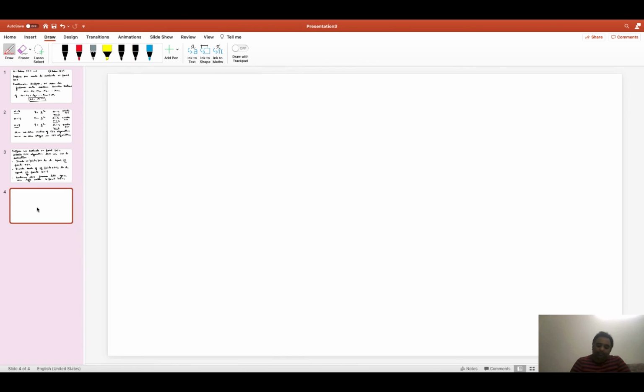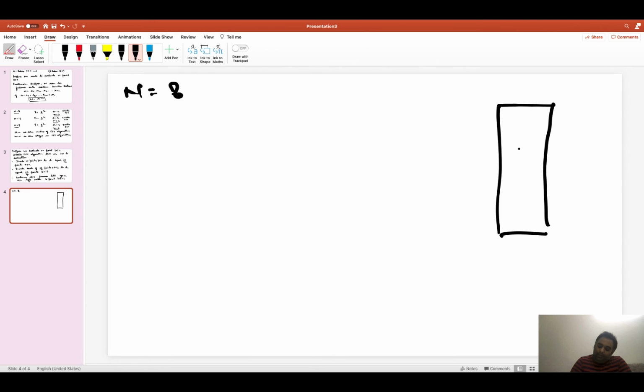For example, suppose I say that N is equal to 8. So N equal to 8 means that you have 8 points. You have to evaluate an 8-point DFT.